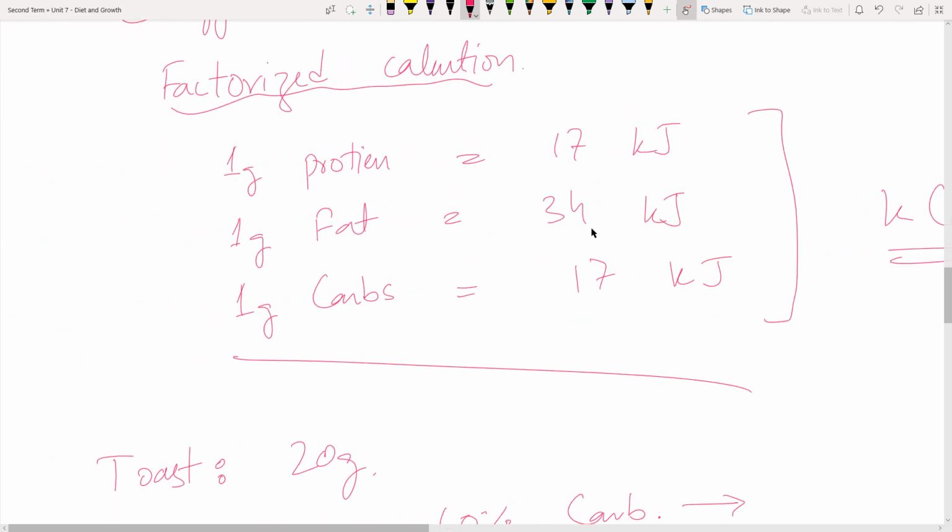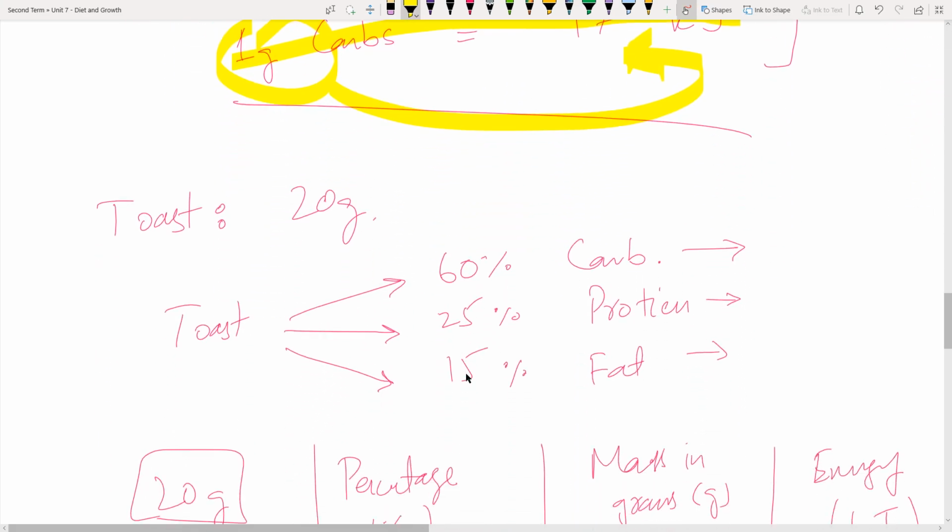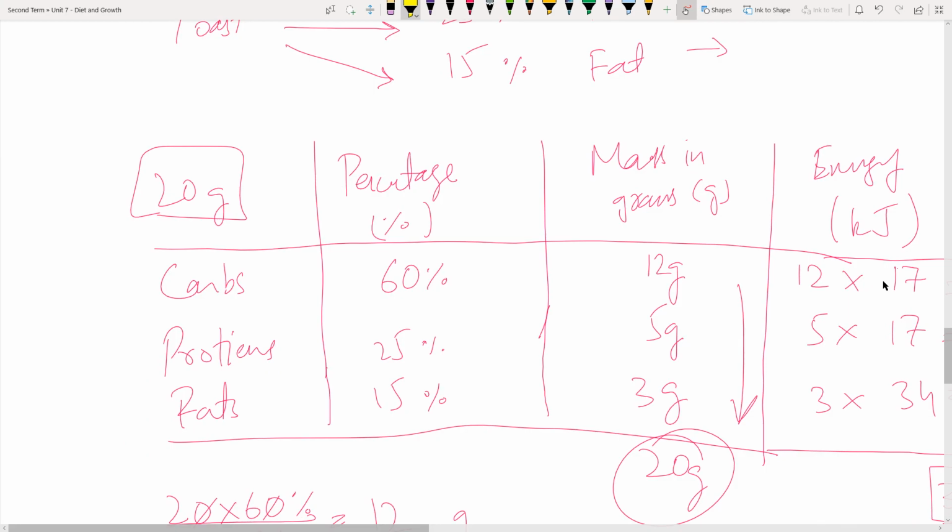I've given you these factors, so you have to memorize them for the protein, the fat, and the carbs. Whatever the grammage is given, you simply need to multiply it with this factor. As you can see, I did it for 12 grams. It was a 17 for the carbs, and the proteins.